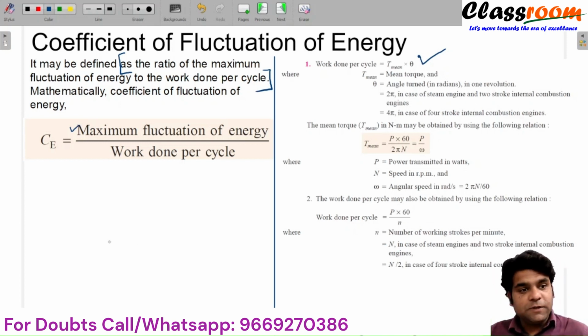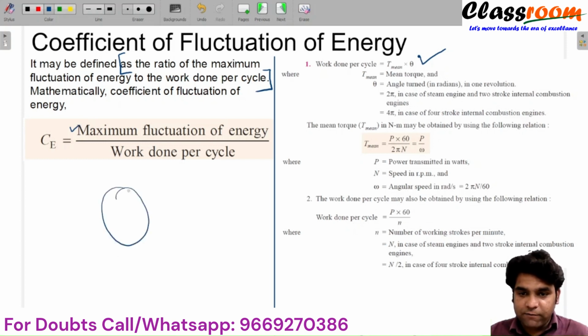In a steam engine it is 2 pi because after every revolution we get a power stroke, and the complete cycle is completed by one revolution of the engine. Whereas in case of internal combustion engines, theta is 4 pi because one cycle is covered in 2 revolutions of the crank.